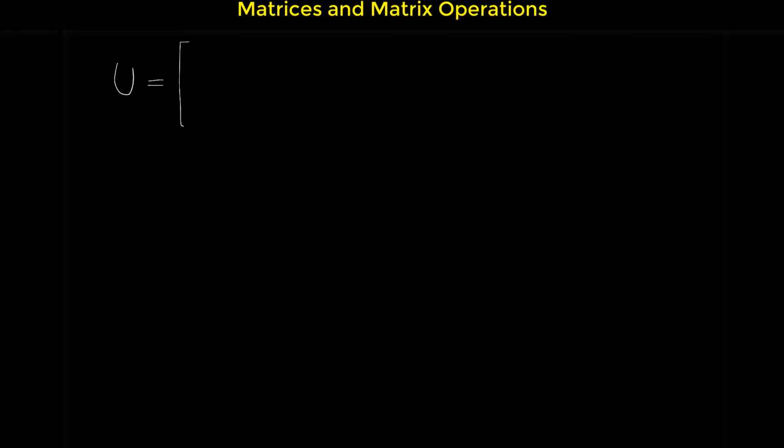Consider a matrix like this. I use the letter U here because I have a reason for that. Consider this square matrix: 3, 2, -5, 0, 4, 9, 0, 0, -2. What is the diagonal of this matrix?